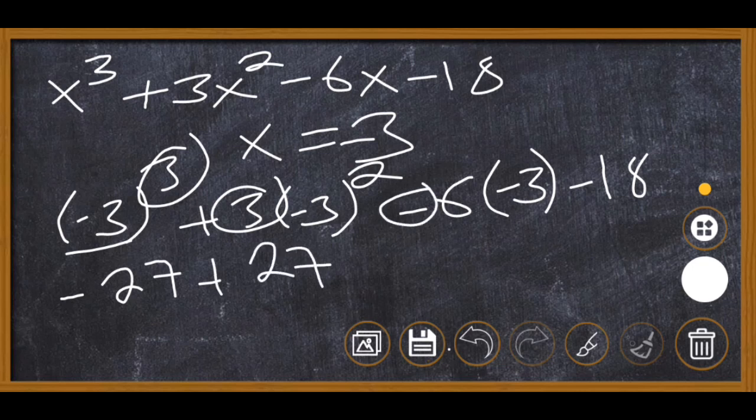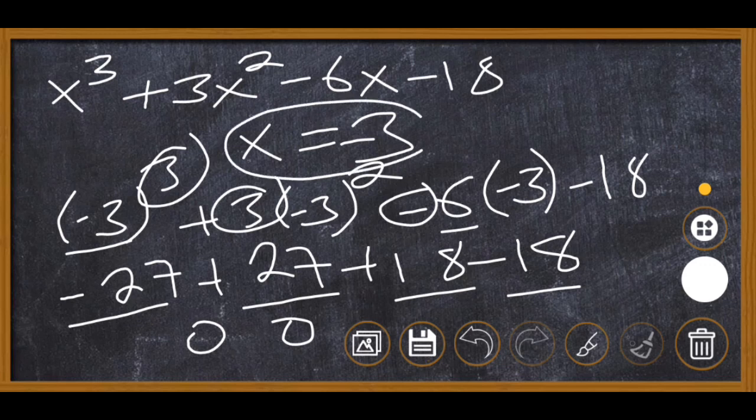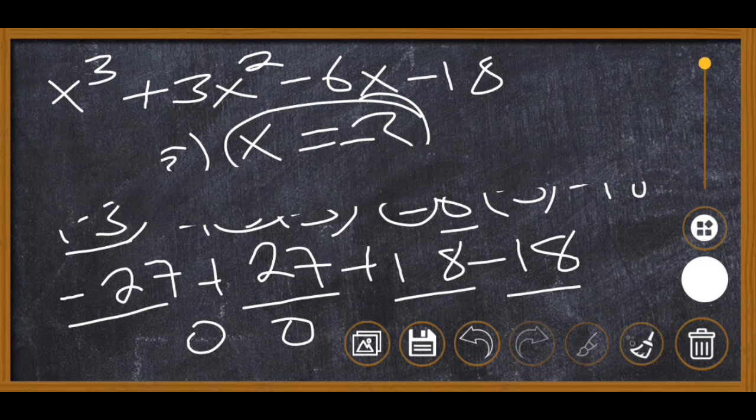And then negative multiplied by negative, it's positive here. 3 multiplied by 6, it's simply 18, and then we have negative 18. So we know that negative 27 added to 27 is 0, and then 18 minus 18 is also 0. So in this case, it implies that x equals to negative 3 is a factor, since it's given as 0.